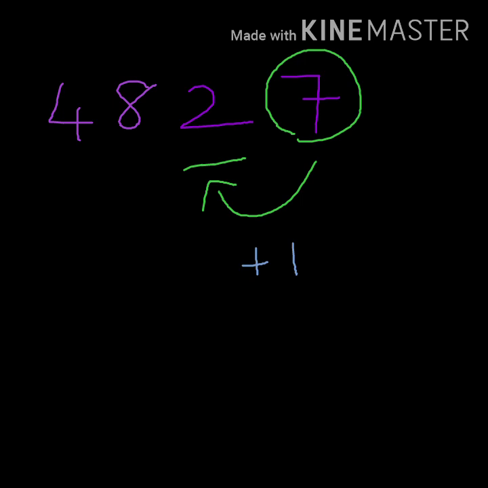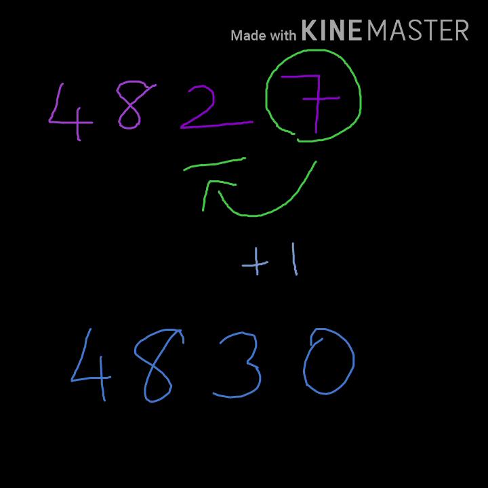Your tens place value is 2. Underline the number 2, then look at the next number on the right, 7. Your next number is above 5, so you have to add one more to the underlined number, so that 2 is changed into 3. The number after it will be changed into 0, so your answer will be 4830.